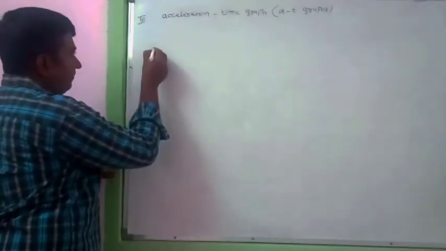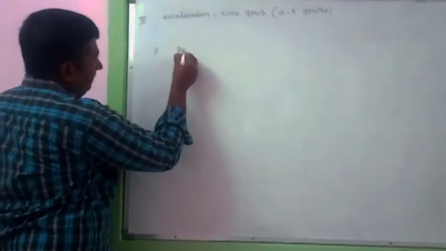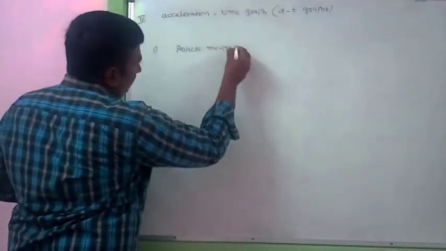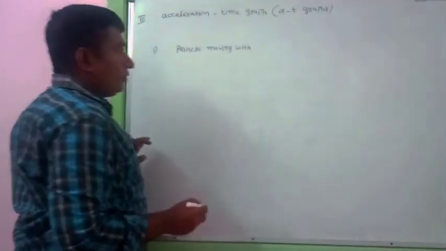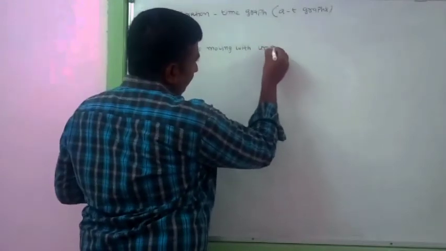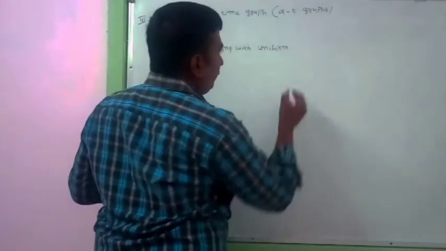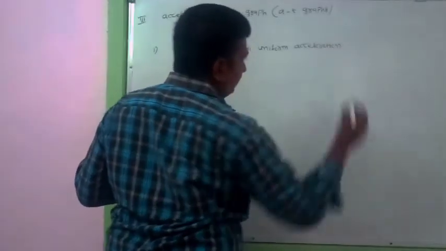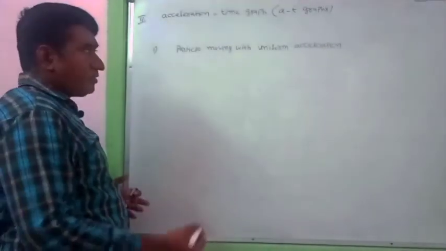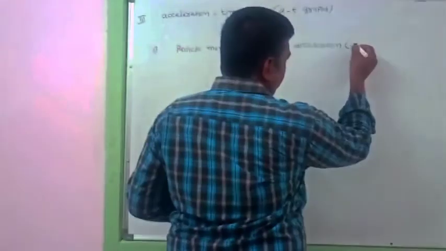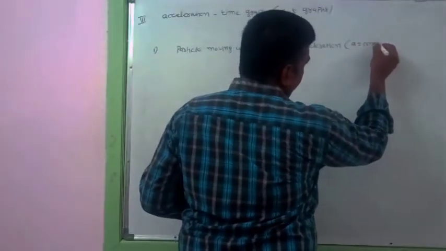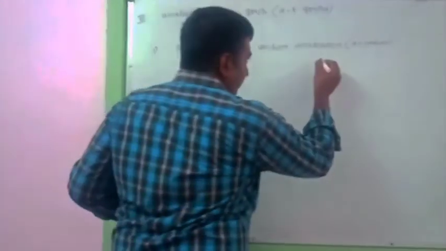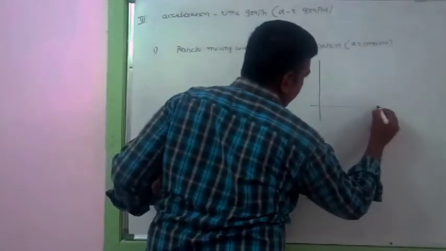In this case, a particle is moving with uniform acceleration. Uniform acceleration means acceleration is constant. A must remain the same. If this is the acceleration and this is the time, uniform means constant.